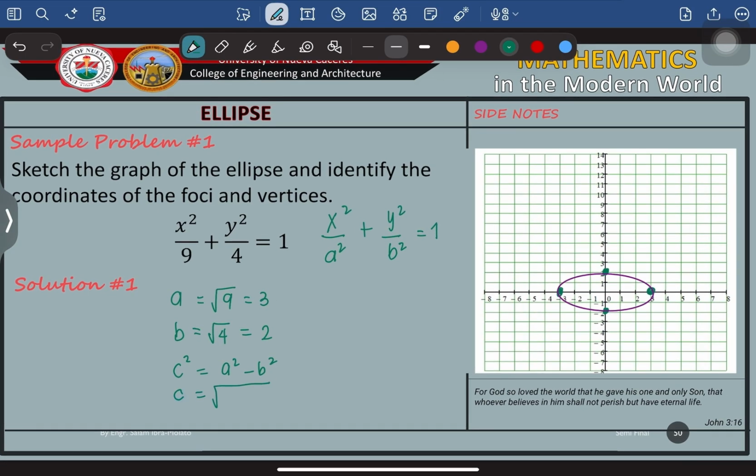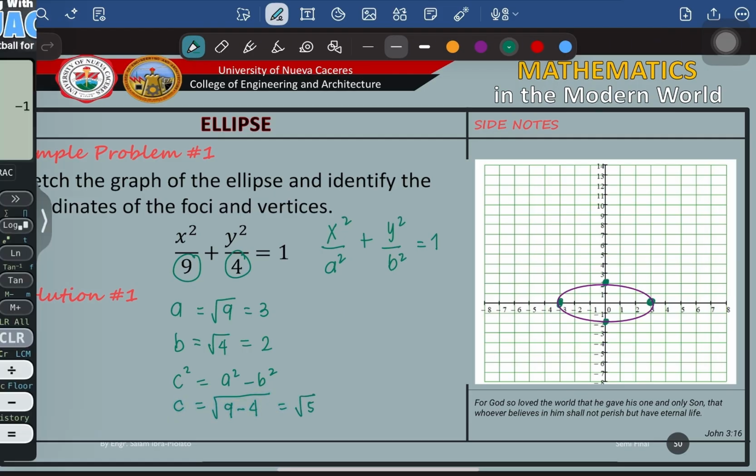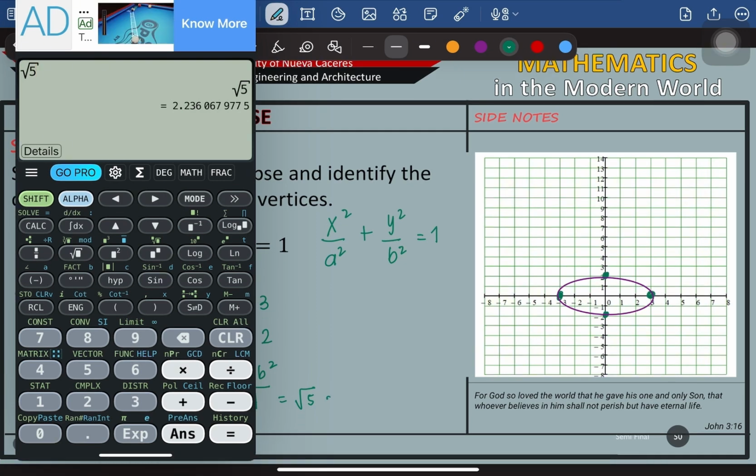So therefore, a squared is equal to 9. Then b squared is equal to 4. So the square root of 9 minus 4 is the square root of 5, or approximately equal to 2.236.